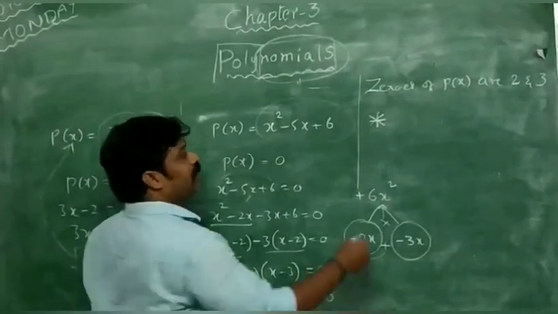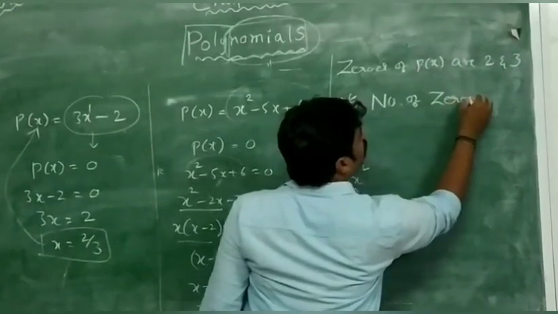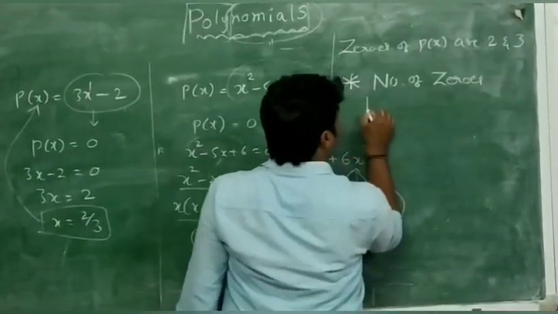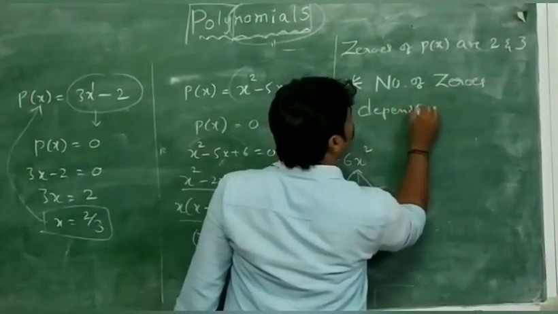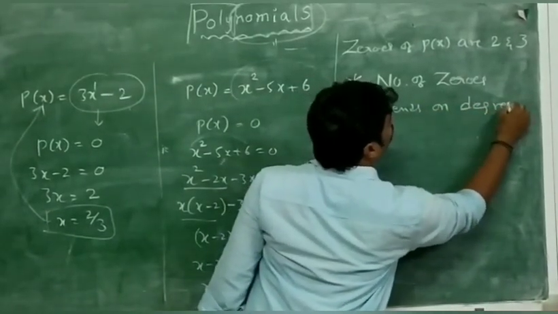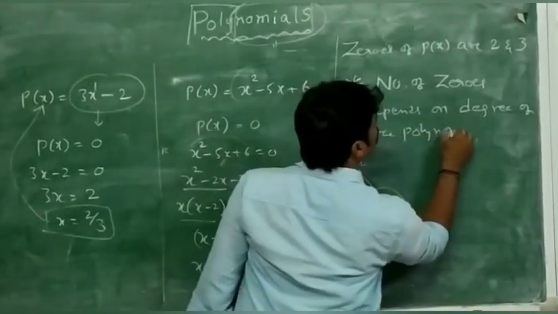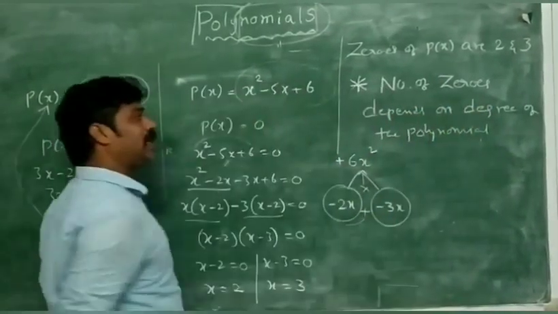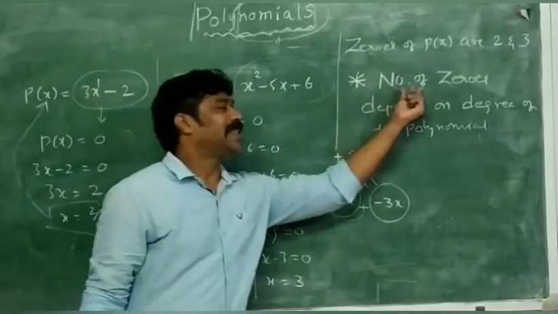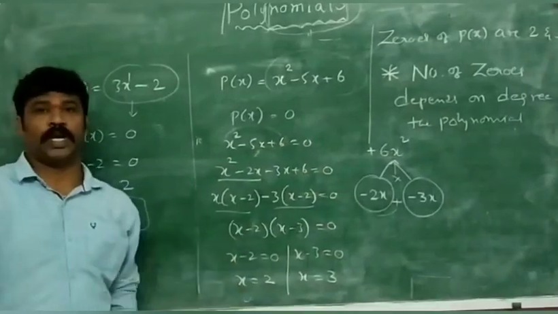So what we can write? The number of zeros depends on the degree of the polynomial. This is a very, very important point. So the number of zeros of the polynomial depends on the degree of this polynomial.